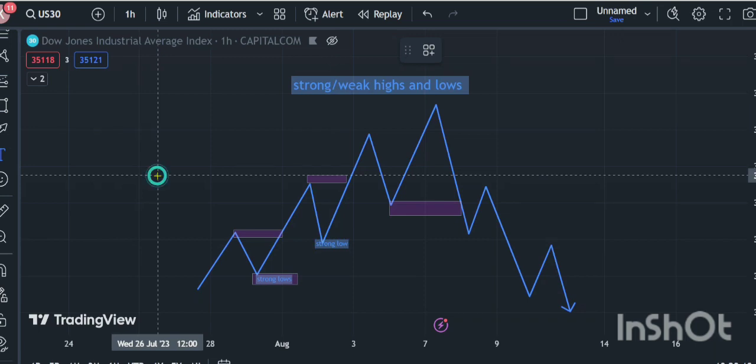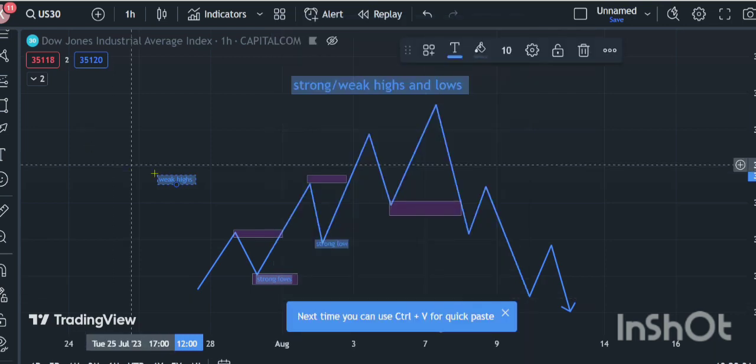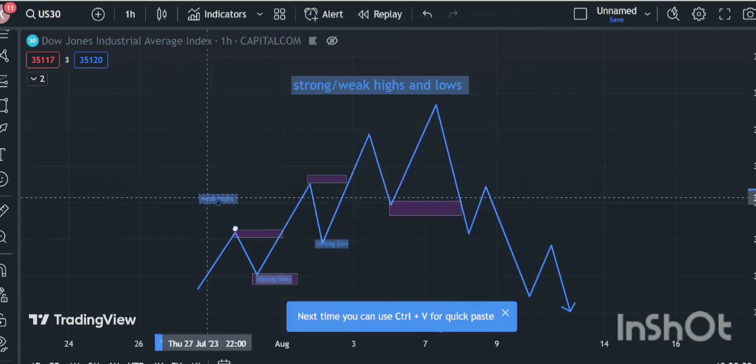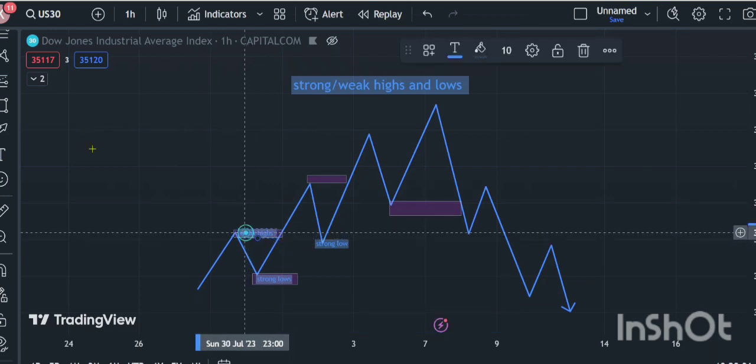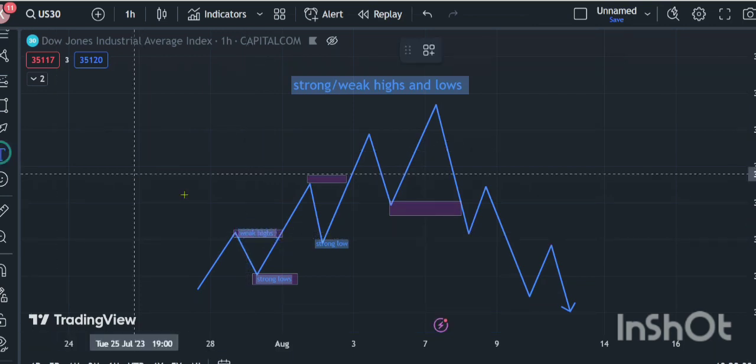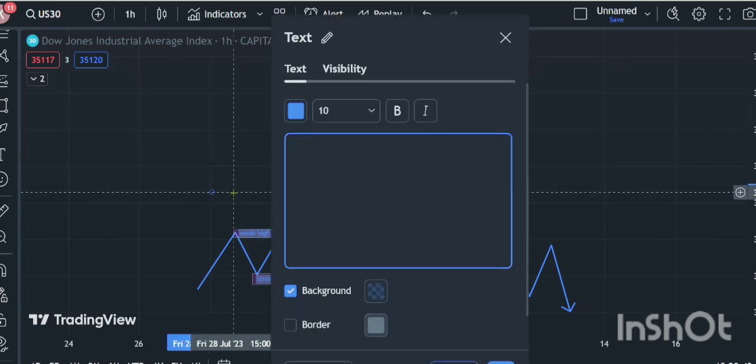Our weak highs are the ones that we see get broken, so we'll call them weak highs. So there is our weak high. Okay, let's mark our last one, weak high.